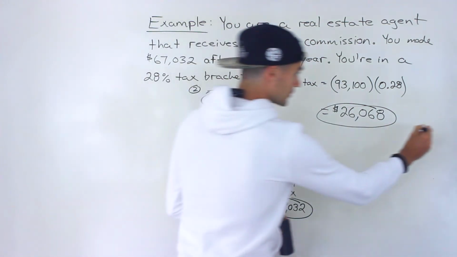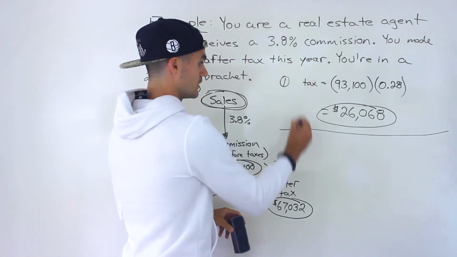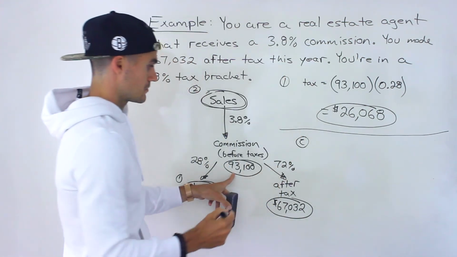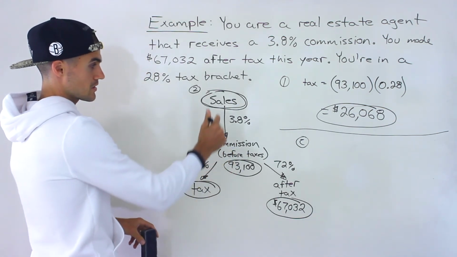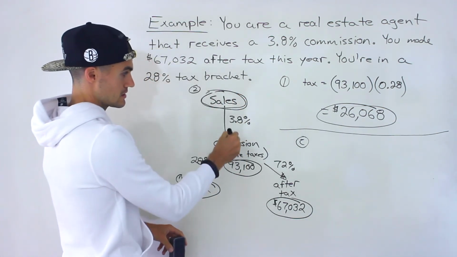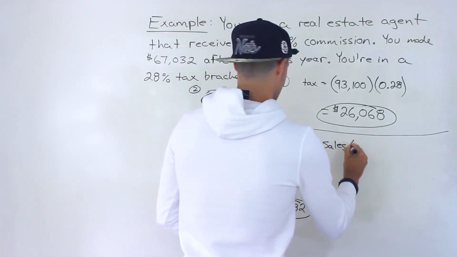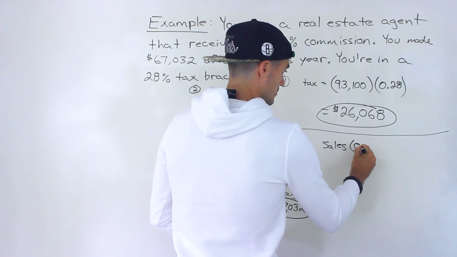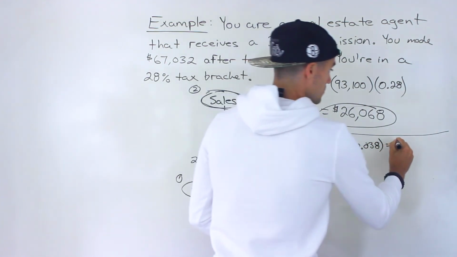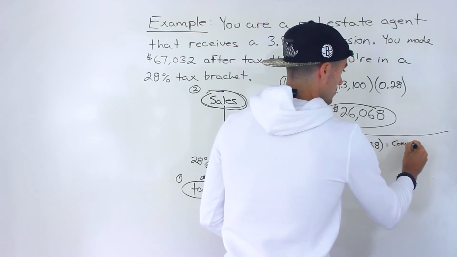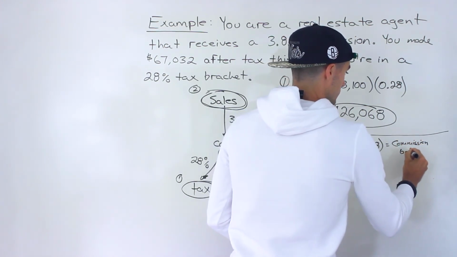What's the total amount of real estate that you sold? To get that, we're also going to be using this 93,100, just going up this way. Using the sales times 0.038, 3.8% of that is going to be your commission before tax.